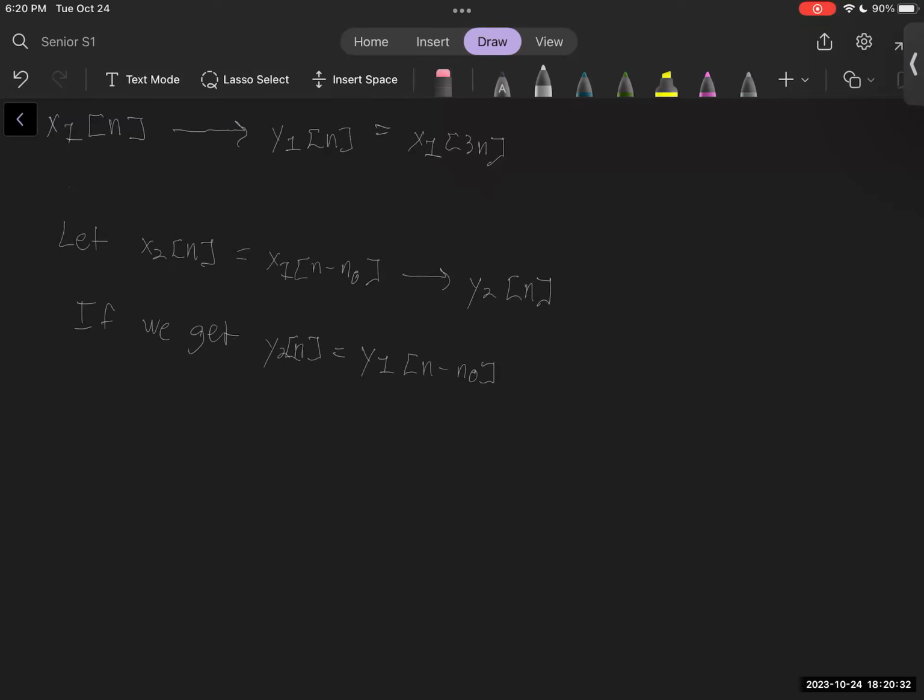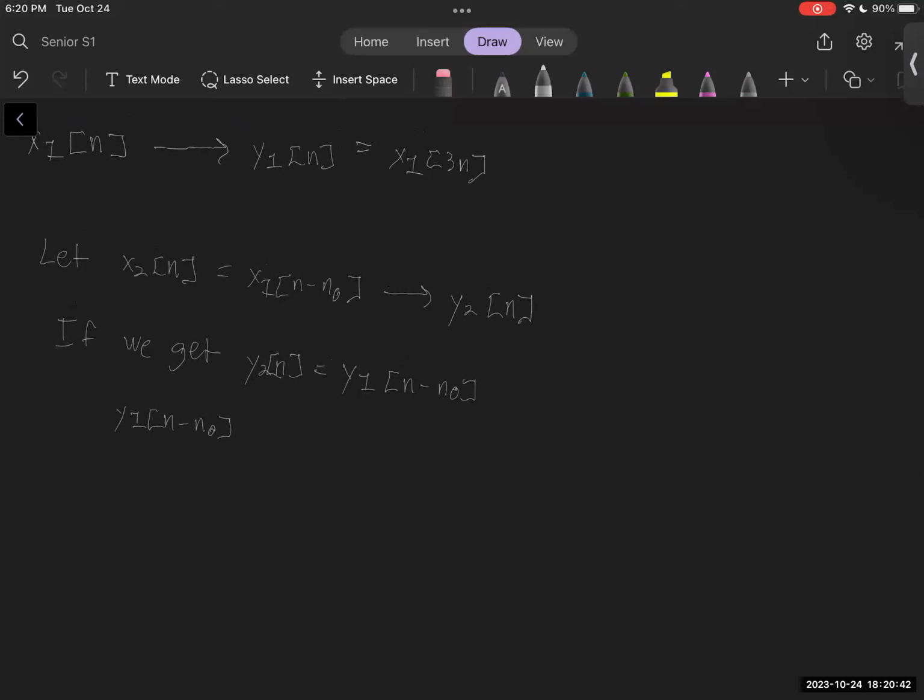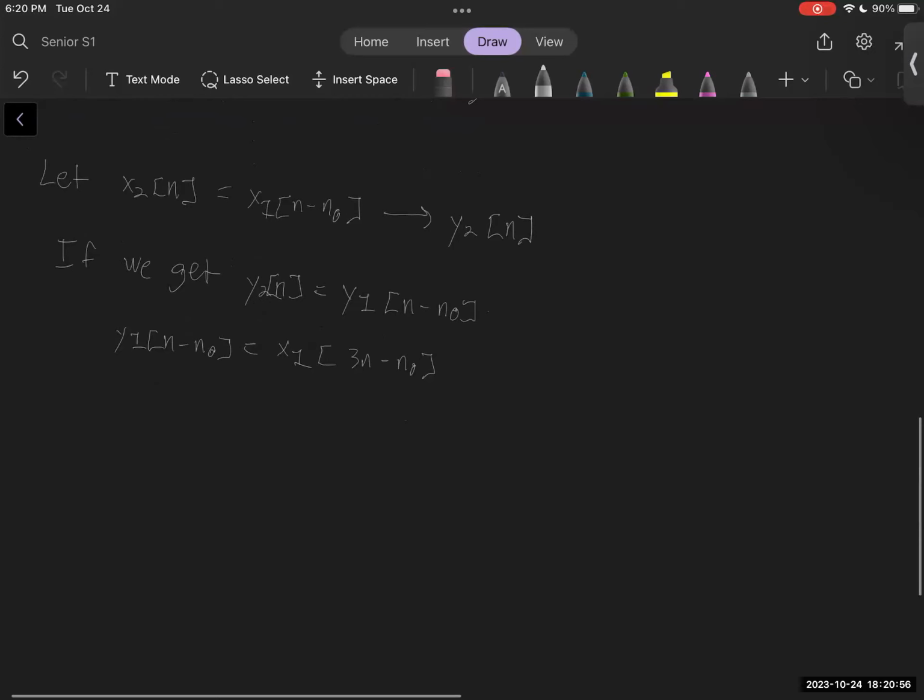So first, let's figure out what is y1 of n minus n naught. We defined what y1 of n was up here. So we simply have to apply a shift to that. So that's going to be our y1 of n minus n naught.